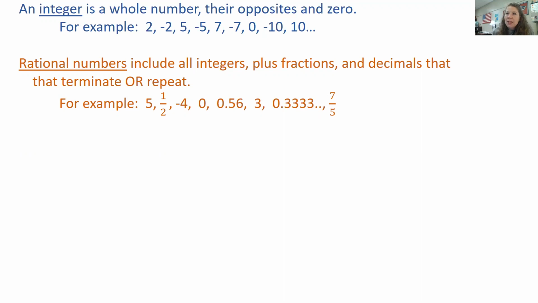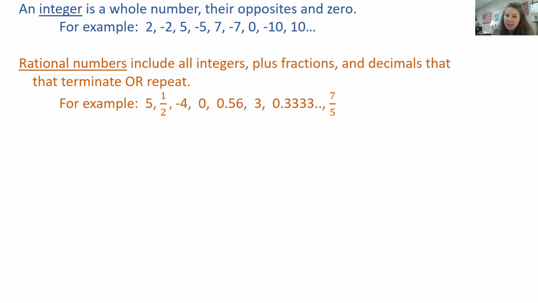All right. Now we're going to look at the term rational numbers. So all integers are rational numbers. Any whole number, their opposites, and 0 are all rational numbers. But then we also add into that category fractions and decimals that terminate or repeat.